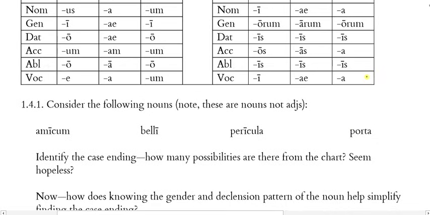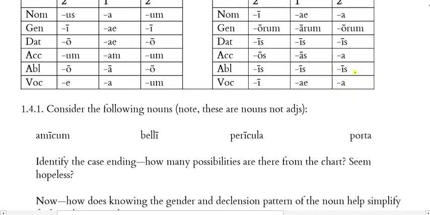Now, what I want you to do is to look at the nouns here. I'm going to make a point, keeping the chart in mind. First of all, we have amicum, belli, pericula, and porta. Identify the case ending. How many possibilities are there from the chart? Let's just start with amicum. Technically speaking, the M here is the case ending. The U is the O stem vowel from the noun.